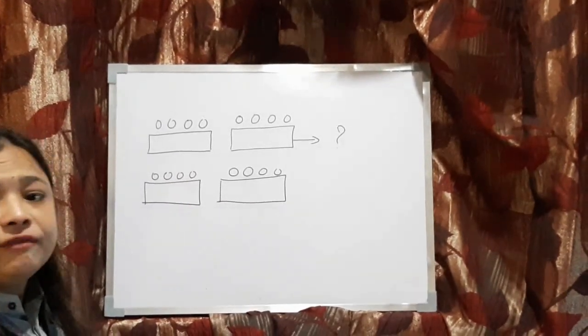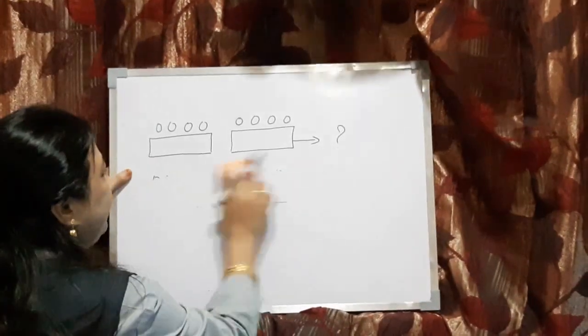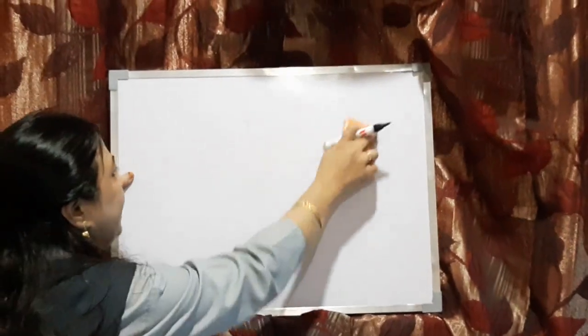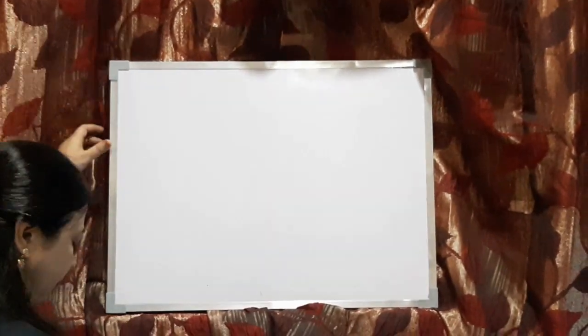Okay, so for that first we are going to write down the statement. So come on, we will write down the statement first. So what will we write down? यहाँ पे हम लोग क्या करेंगे? Each हमको find out करना है कि हमको 64 students के लिए कितनी benches लेनी है. तो what will we write down?